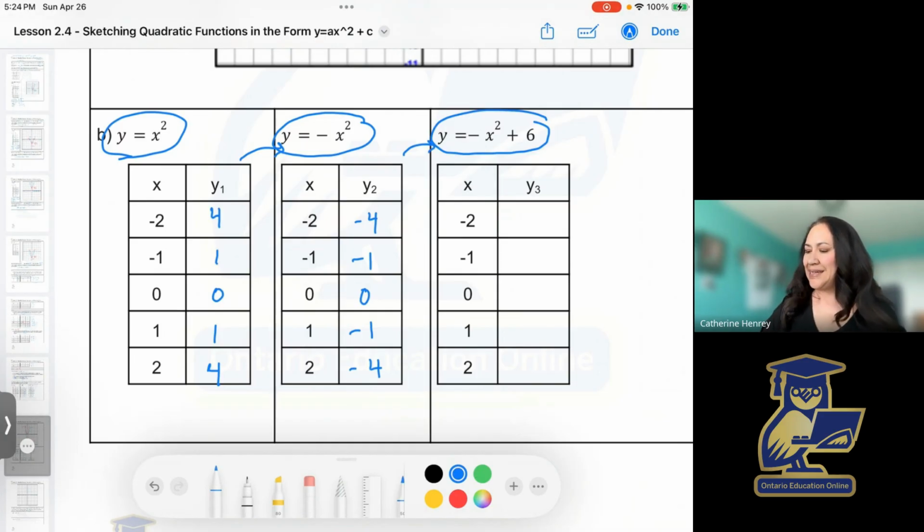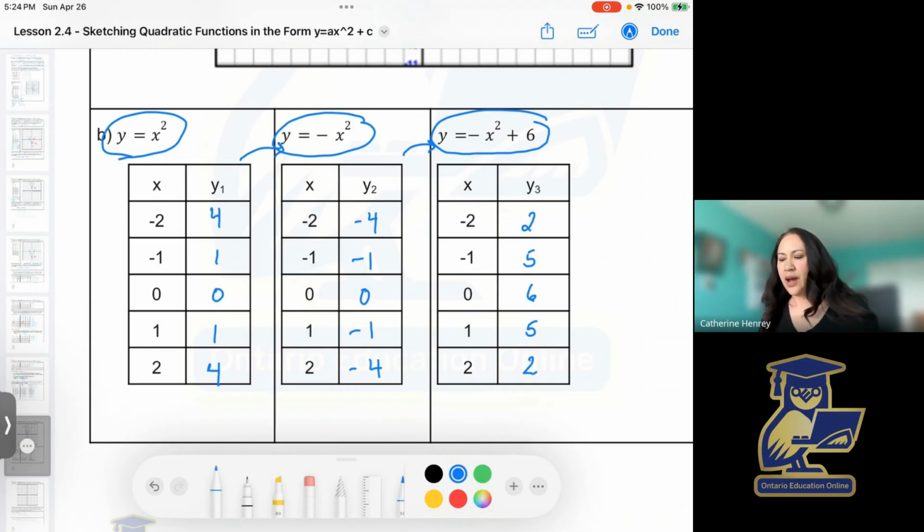So I'm going to add 6 to each of these Y values in order to get to the third table. So I have 2. -1 + 6 is 5. 0 plus 6 is 6. Negative 1 plus 6 is 5. Negative 4 plus 6 is 2. So there you have the table of values for those three functions.